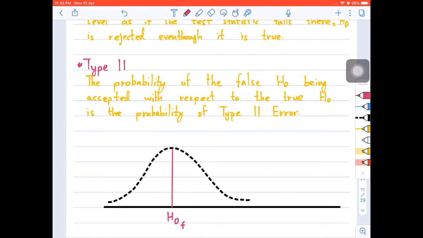I'll write H0 F. Now over here, let's say that this was the critical value. So this was the acceptance region. Now the true H0 lies, let's say, somewhere over here.